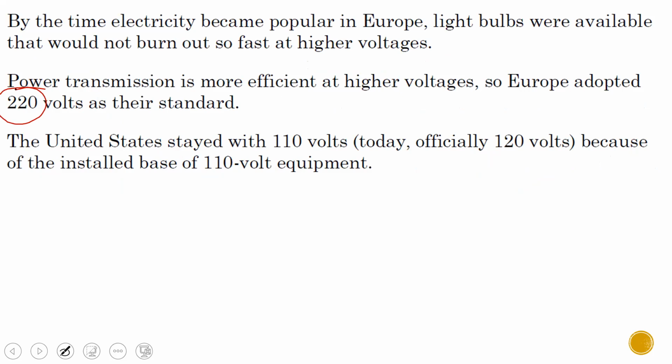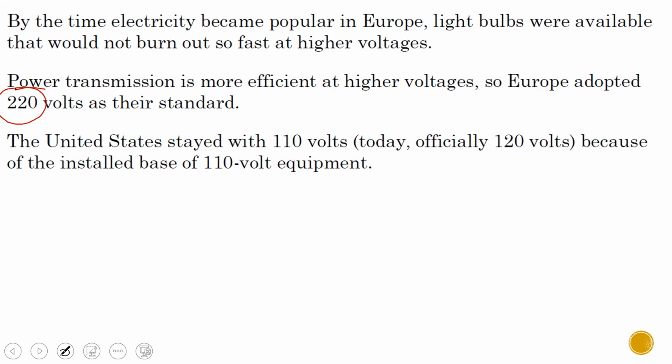They used it in all power plants, and all the equipment in America works on 110. But a higher voltage burns the light bulb.